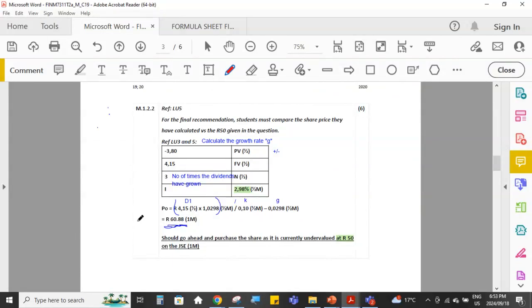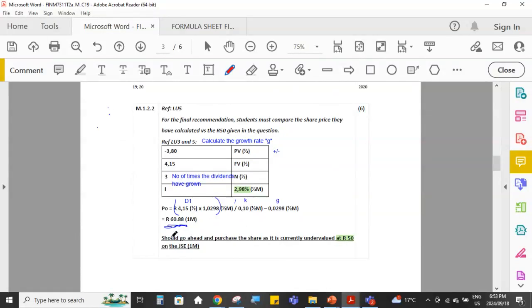So that tells us that currently the theoretical value of 1 share in Neptune Limited is 60 Rand and 88 cents. Remember, they asked us to then make a decision as to whether we recommend that they should buy the share or not, and that the share is currently trading on the JSE at 50 Rand.